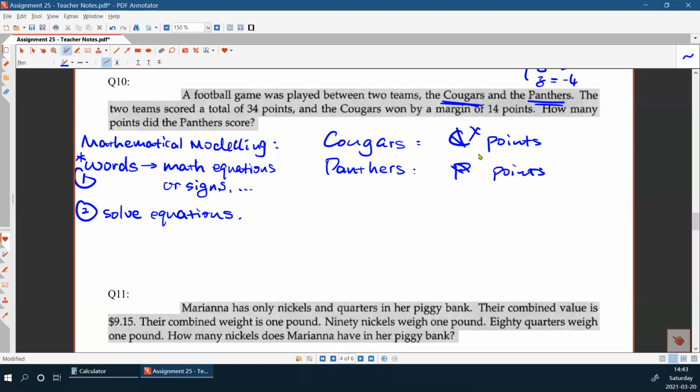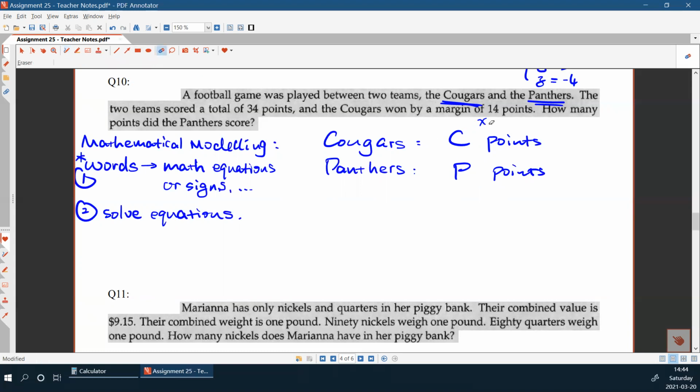The reason I want to use C and P is that it's much easier for you to remember the actual meaning of the letters, right? If you use letter X, sooner or later, you probably will forget the meaning of the X, right?